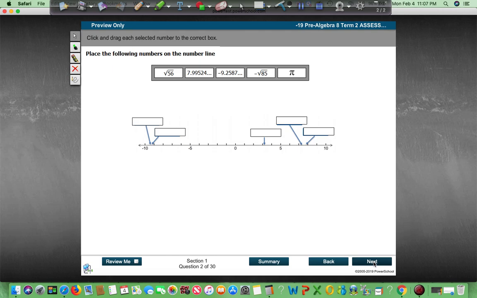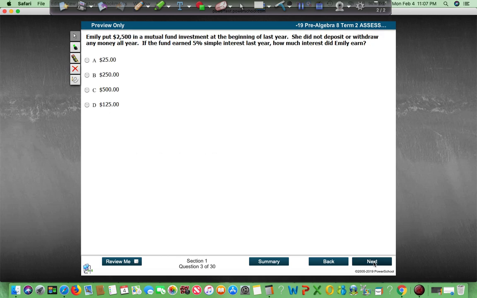Question 2. Click and drag each selected number to the correct box. Place the following numbers on the number line. Question 3.